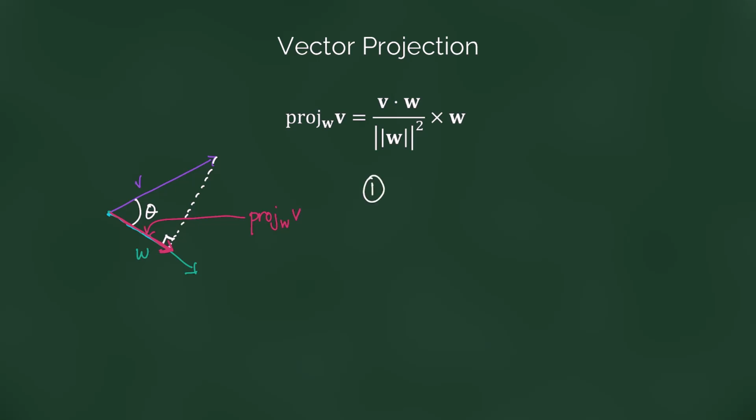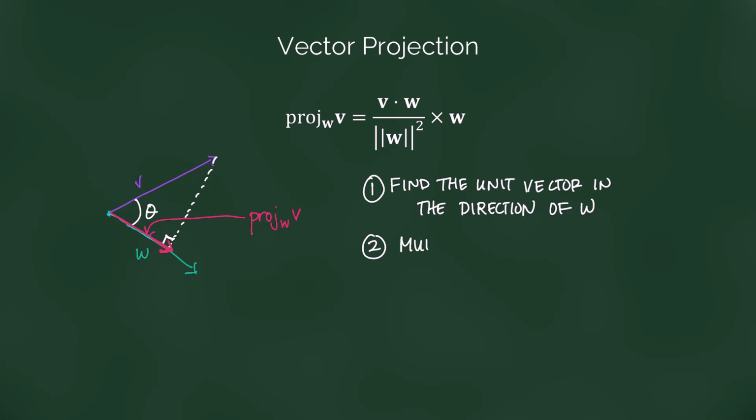The first thing we're going to do is find the unit vector in the direction of w. Then, to get the correct length for our projection vector, we're going to multiply by our scalar projection.